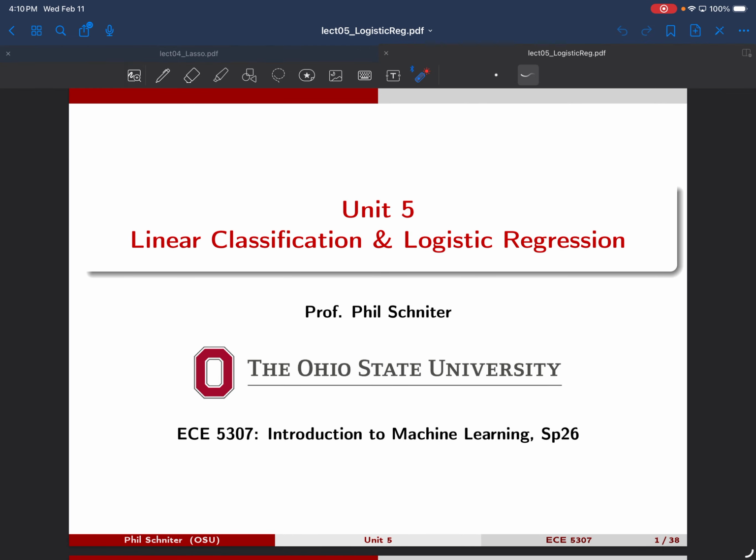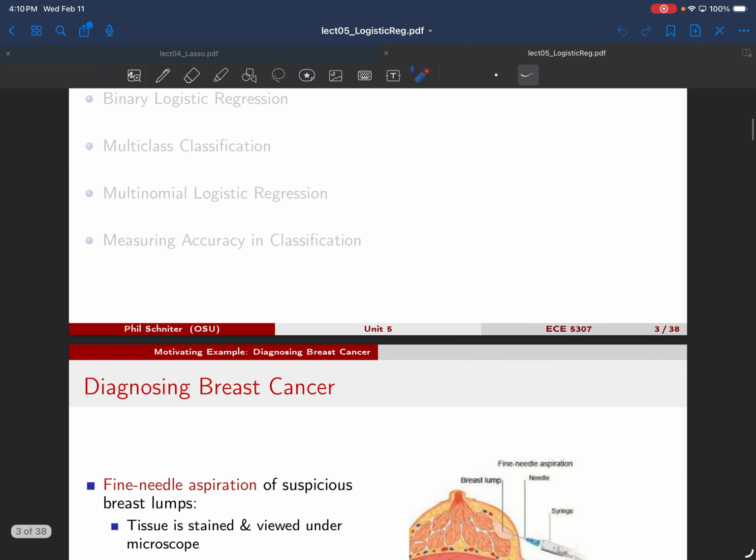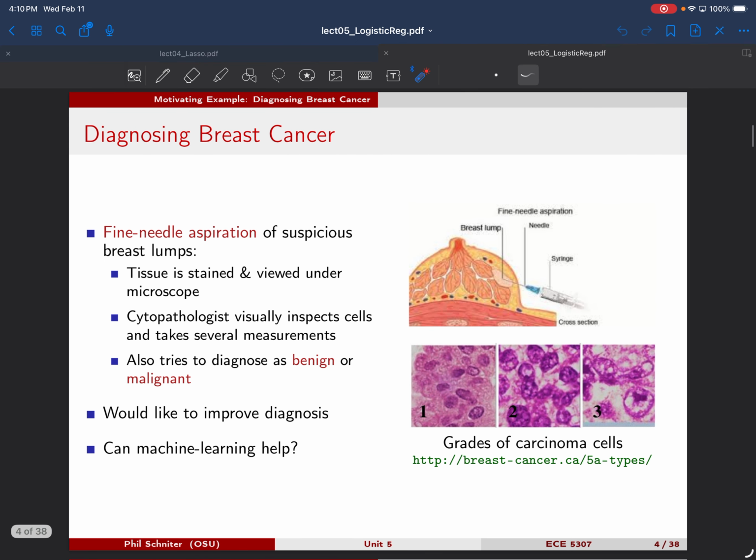Okay, we're going to start a new unit today on classification. In this unit, the demo is about diagnosing breast cancer.